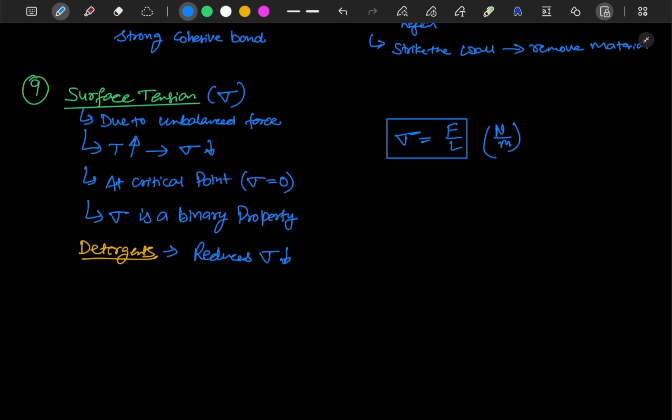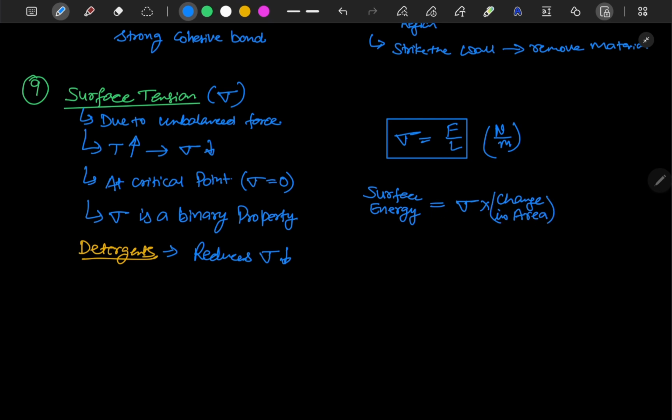And if you talk about surface energy, then surface energy is equal to sigma into change in area. This total change in area times sigma is your surface energy.